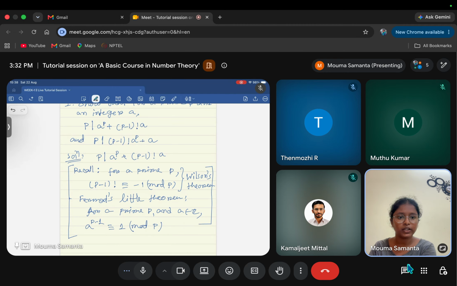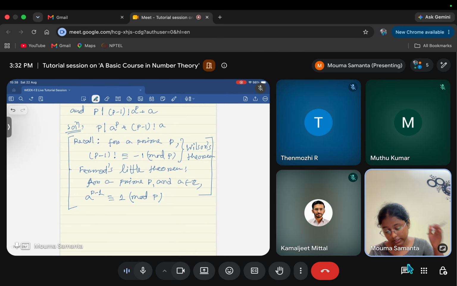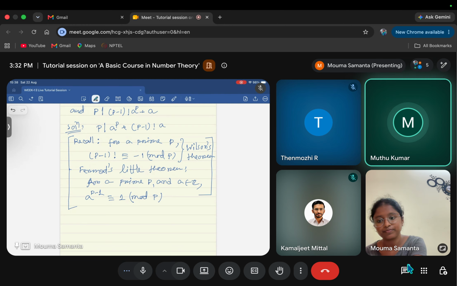So anyone? Okay, so let's solve it ourselves. In Fermat's theorem, is there any connection between p and a?